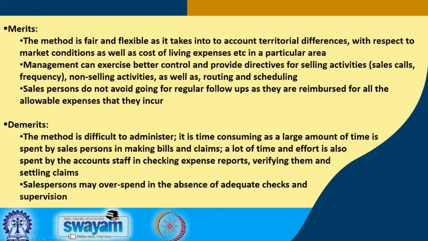So, the salesperson is asked to give an itemized report on his expenses, and these expenses are examined for permissibility or non-permissibility, and accordingly the reimbursements are made for the amount which is admissible or allowable.